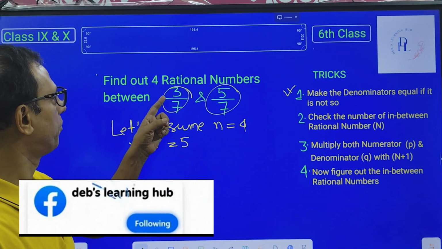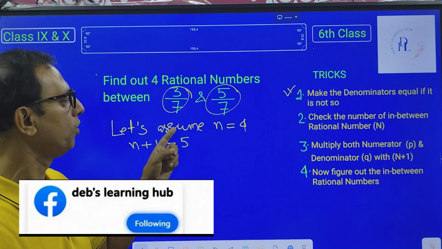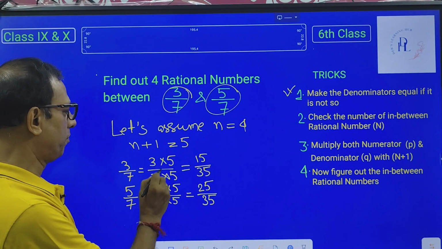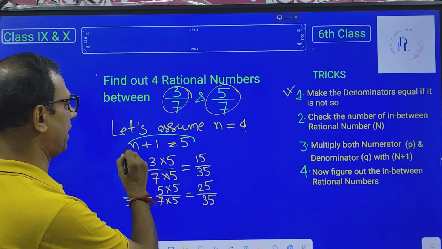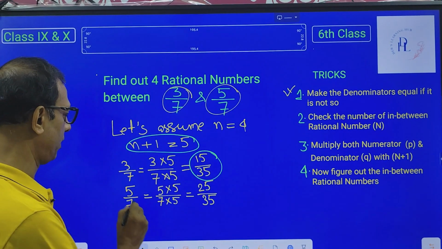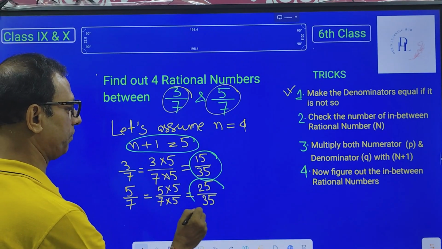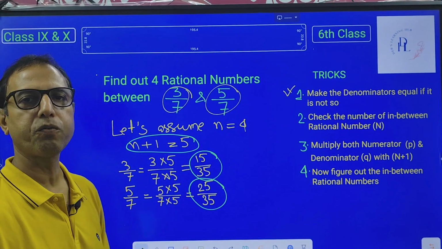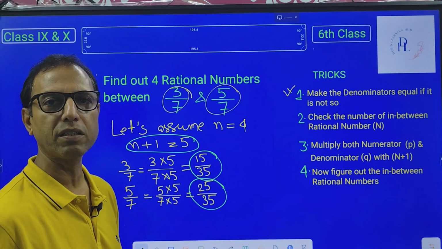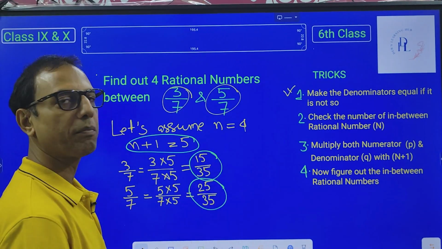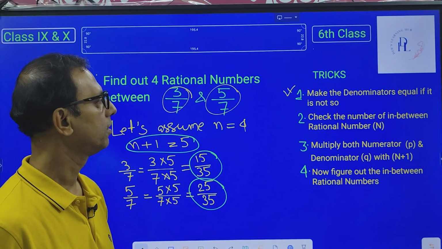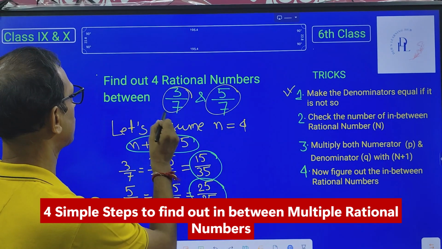Now you need to multiply both numerator and denominator, p and q, by 5. So 3 by 7 equals 15 by 35, and 5 by 7 equals 25 by 35. Now you figure out 4 rational numbers in between: 16 by 35, 17 by 35, 18 by 35, 19 by 35. There are multiple rational numbers; you can even find 9 rational numbers here. So here n plus 1 equals 5.